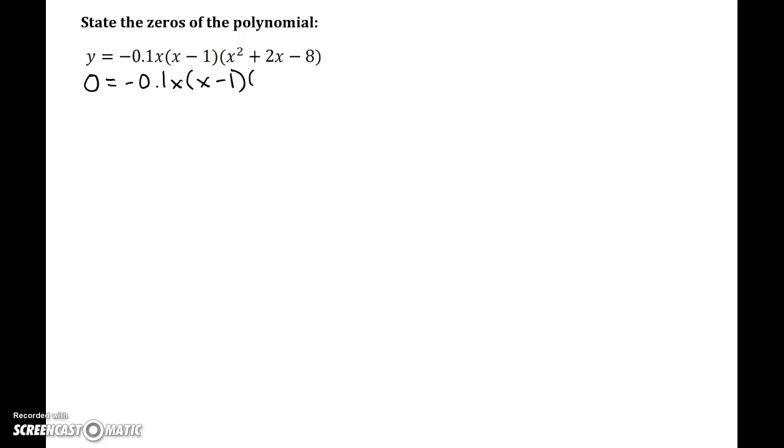Now when we're multiplying things together and it equals 0, we know that at least one of the factors has to be equal to 0. Because in order to multiply something, for example a, by some number and have it equal 0, we know that number has to be 0.